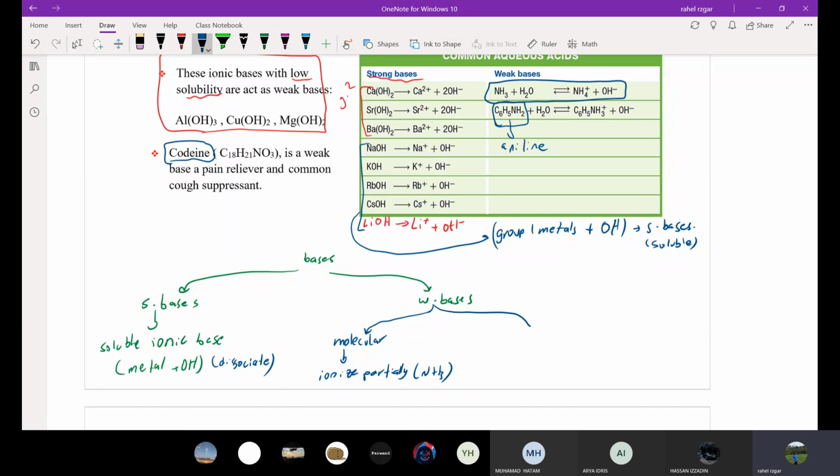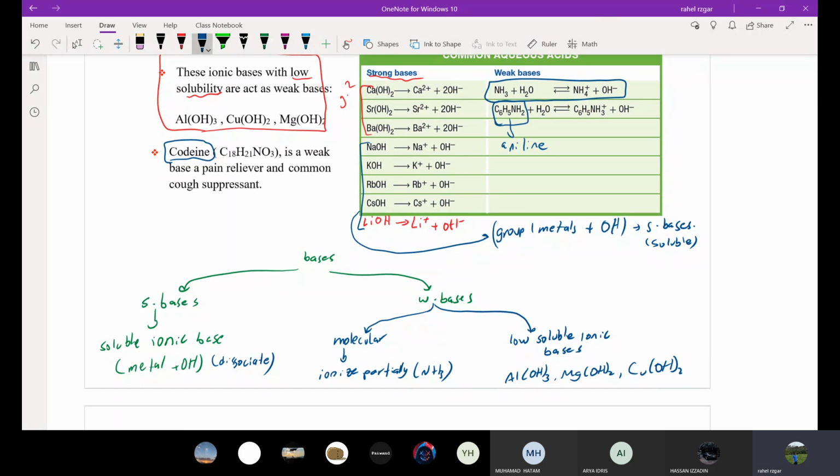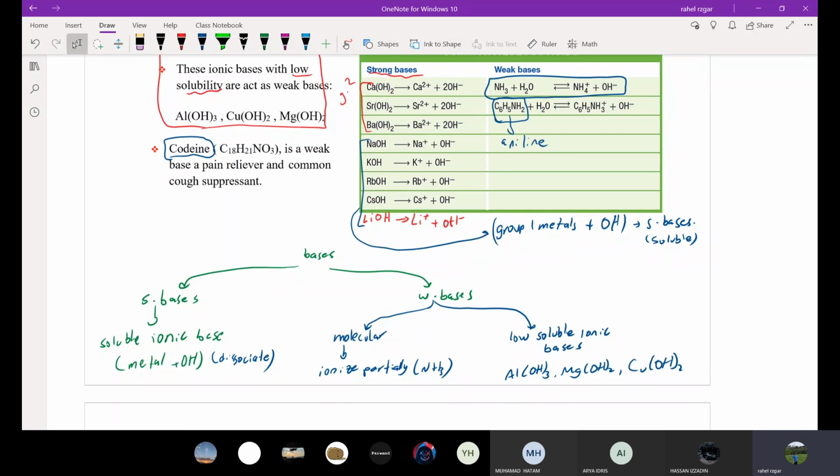Weak bases also include low soluble ionic bases, which are only these three: aluminium hydroxide, magnesium hydroxide, and copper hydroxide. So that's how we distinguish and classify the bases.